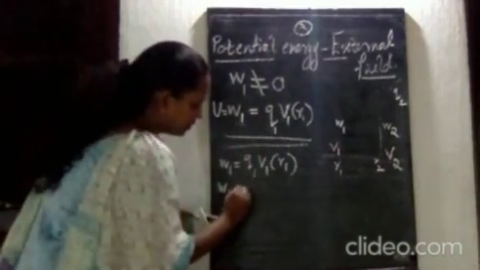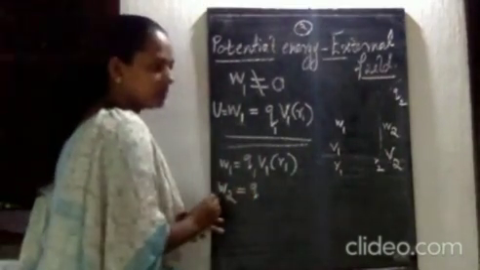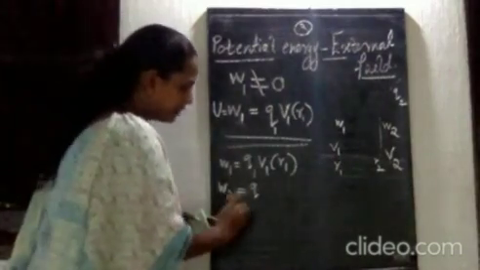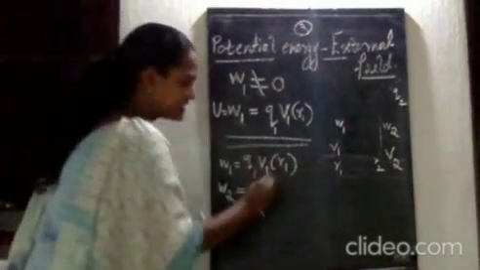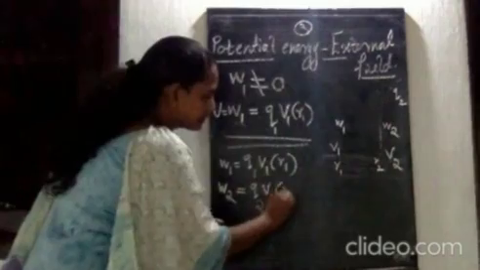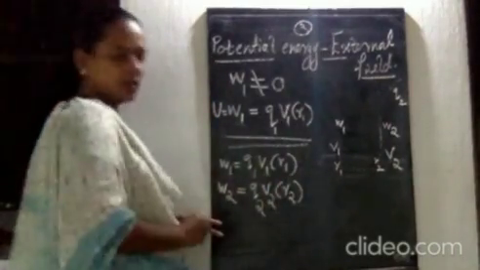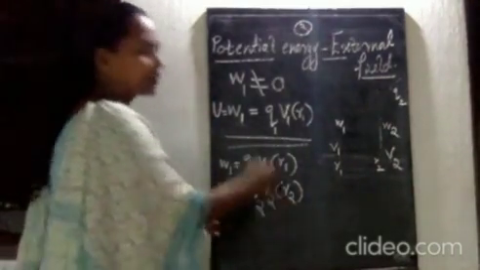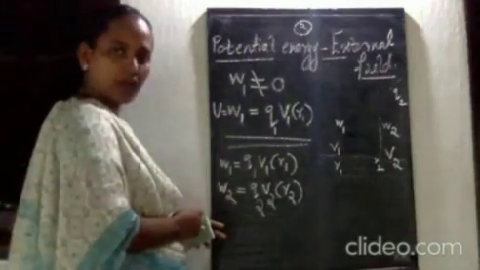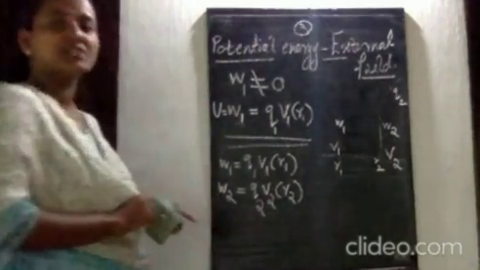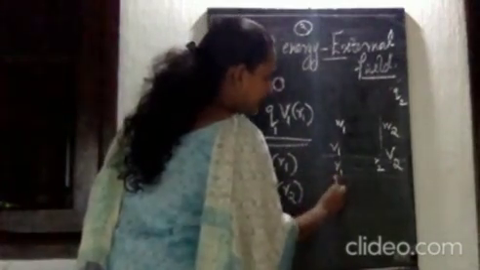What is W2? W is Q into V. Therefore W2 is equal to the charge Q2, its potential V2, at its position vector R2. Therefore that is Q2 V2 of R2. Is it over? No. In the previous case, we studied that whenever there is the presence of two charges, here it is Q1 and here it is Q2, it is existing.